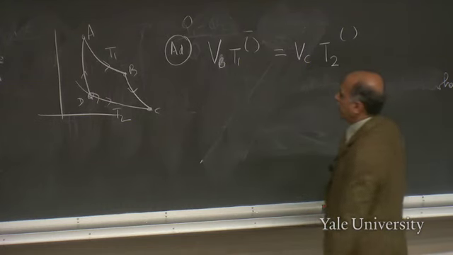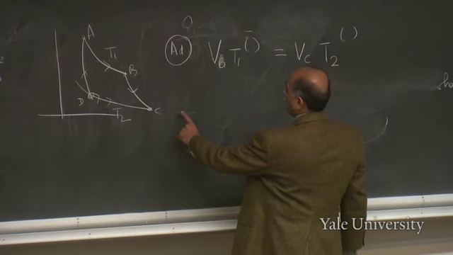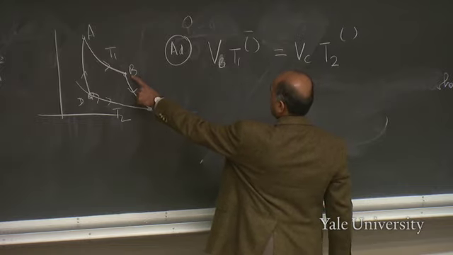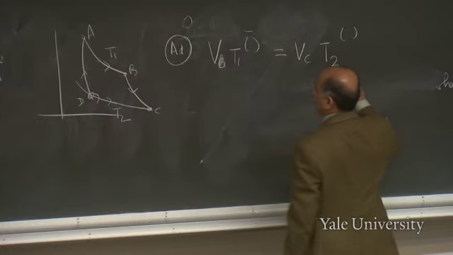Because when the process is adiabatic, we have seen PV to the gamma is constant, but I told you you can also write it as volume times temperature to some power is a constant. So B and C are correlated this way.